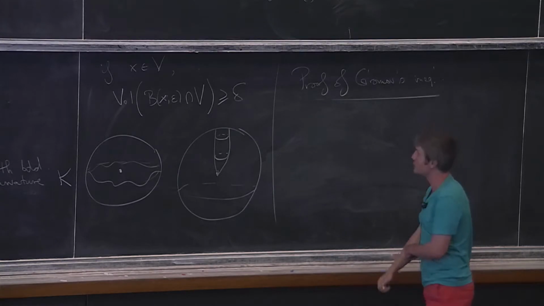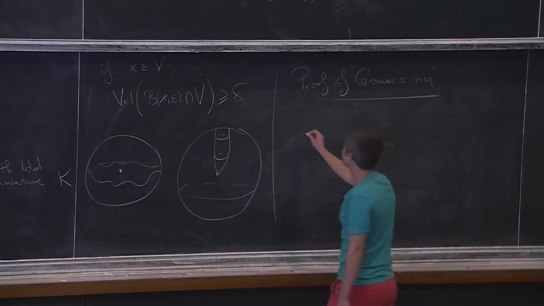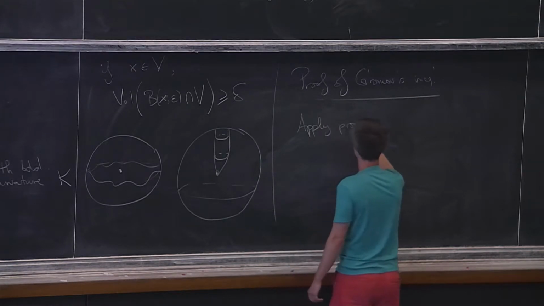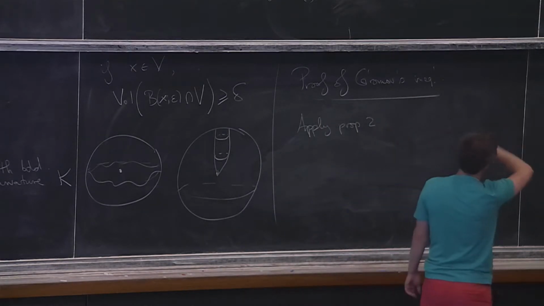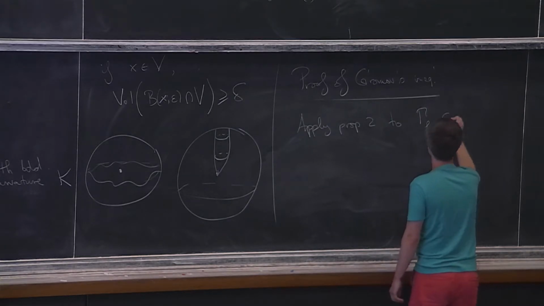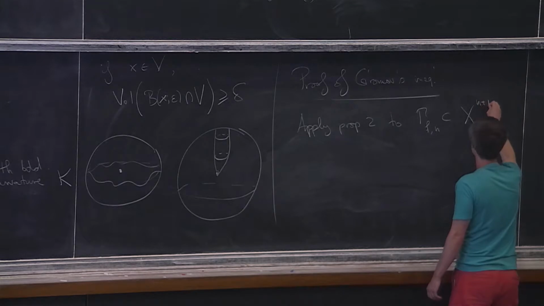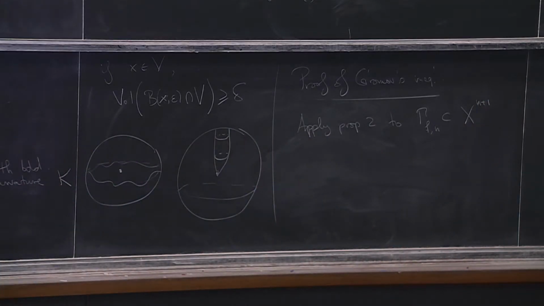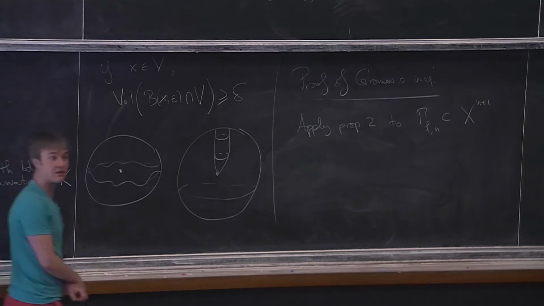Well, the point is that we can apply the second proposition to the setup that we have over there, to gamma of f^n inside X^(m+1). So the dimension of M here is growing, but the dimension of V is fixed.